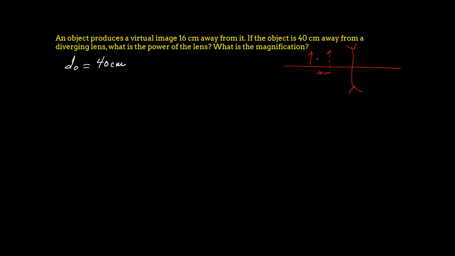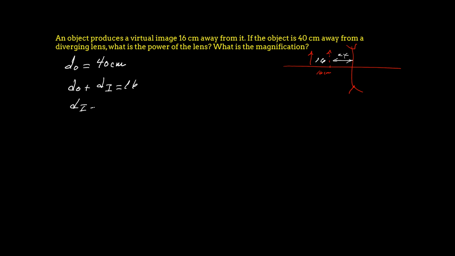So this is 16 right here. So how much is this? This is 24. You have to be careful. The image distance is negative. So basically, we have that D_O plus D_I is going to be 16.